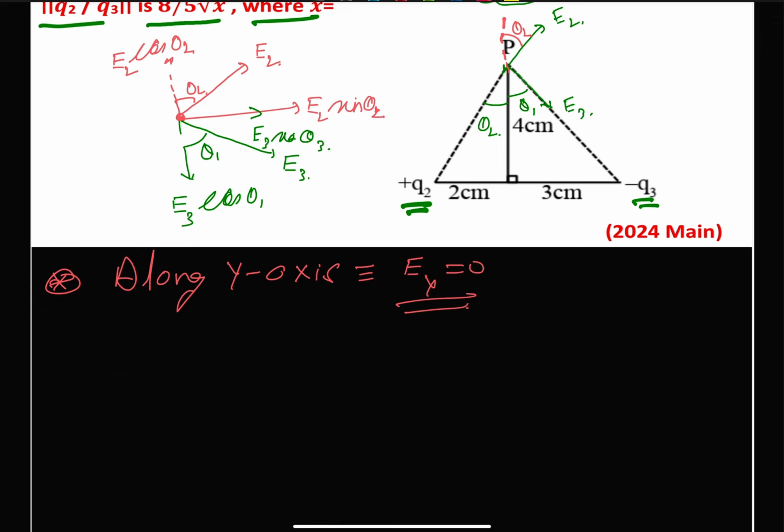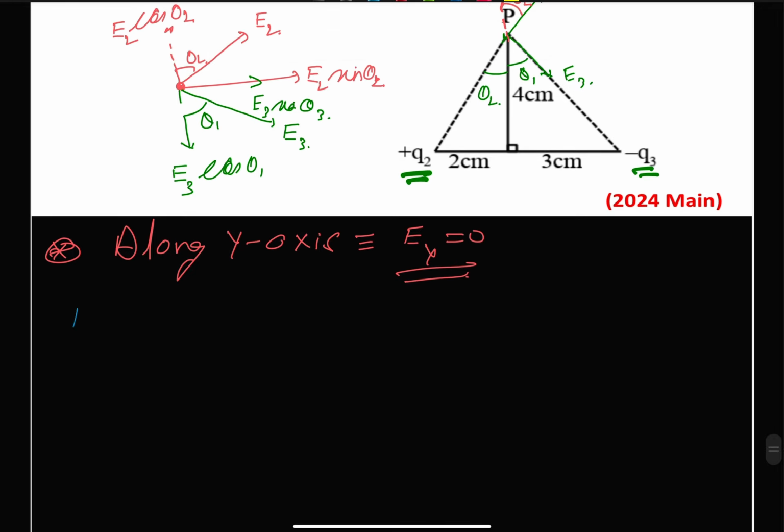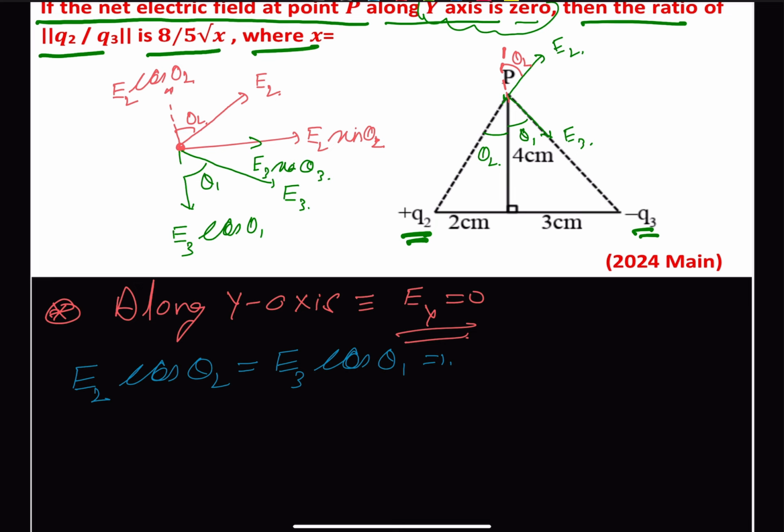So we get from here that our E2 cos of theta 2 will be equal to our E3 cos of theta 1. E2 and E3 we can just substitute. Okay, so we can find out the distance also. So this is 2 and 4, so 4, 16 and 4, so this comes as square root of 20, and this will be 16 plus 9, square root of 25.